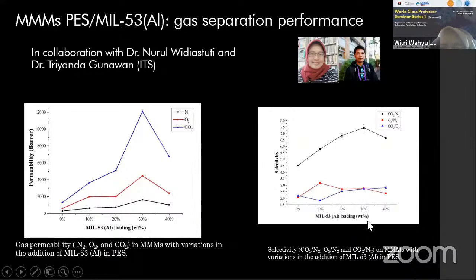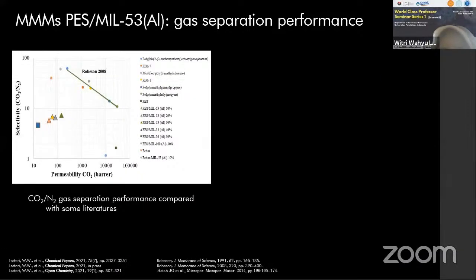And if we compare the result on the Robeson curve here, we can see our result is still lower than the Robeson curve, but at least still higher than the PES itself, the blue one. Here is PES, and here is the addition of the MOF.